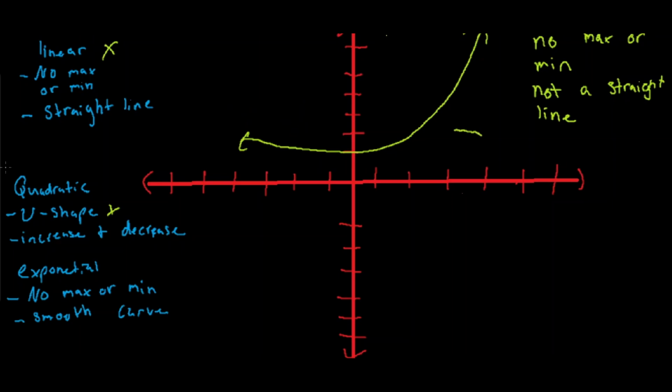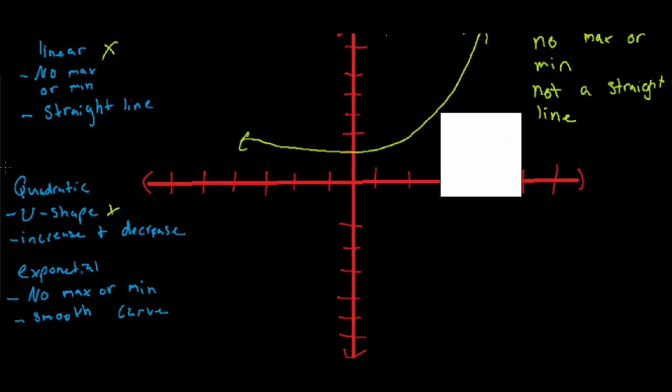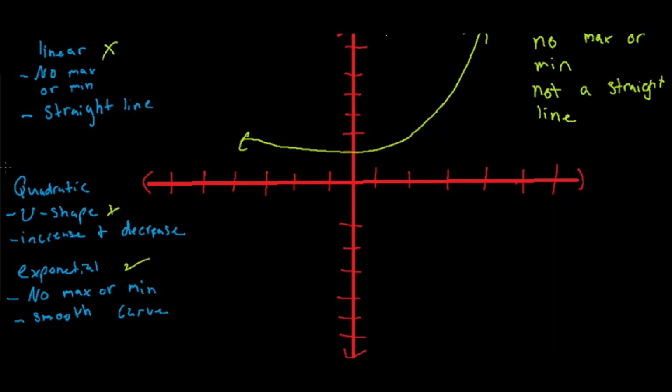And in this square, we rounded off the edges. But we zoomed in on the bottom right portion of this square. And that is what we have, a smooth curve. So this function is exponential.